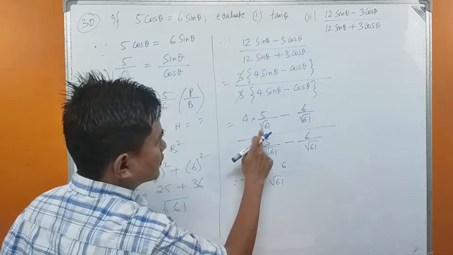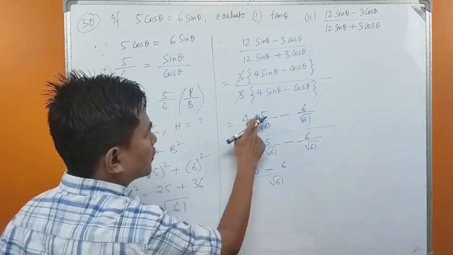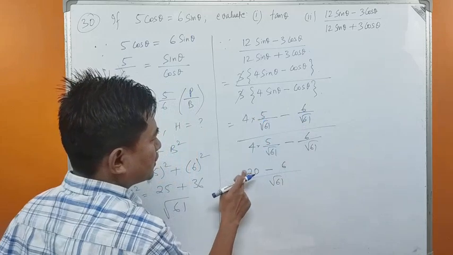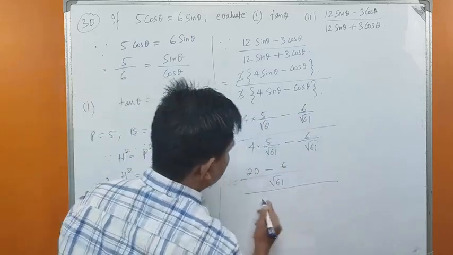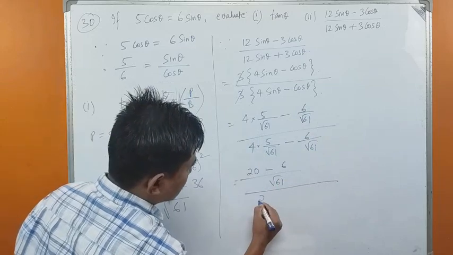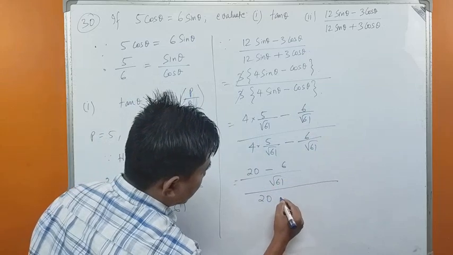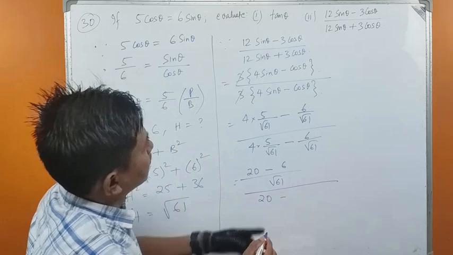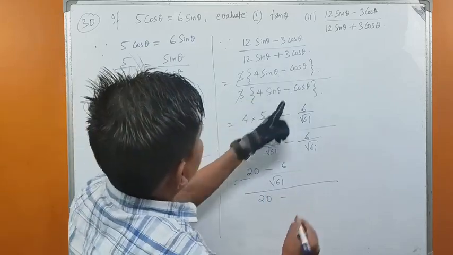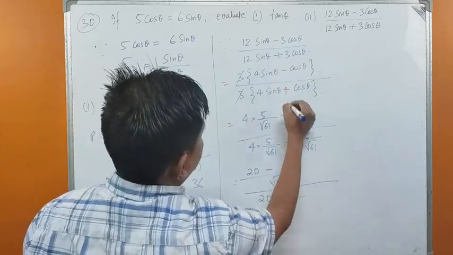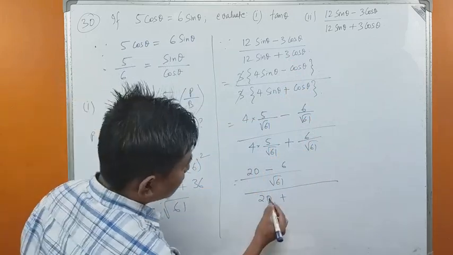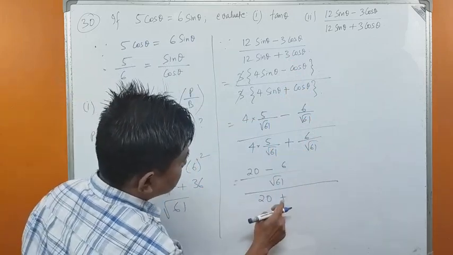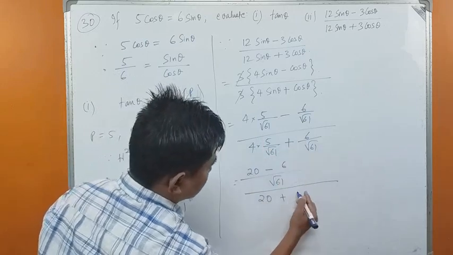Since the denominators are the same, the numerator will remain as it is. 4 5s are 20 minus 6, whole upon 4 5s are 20 minus 6. Oh, we have plus here, isn't it? In the denominator it is plus. 4 5s are 20 plus 6.